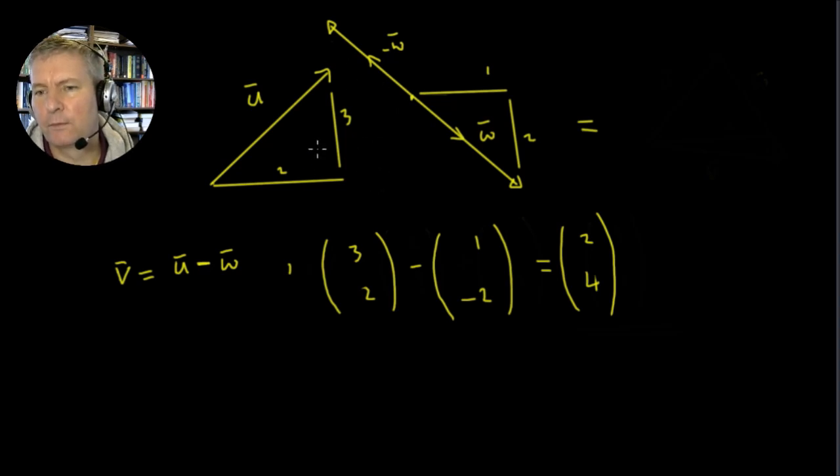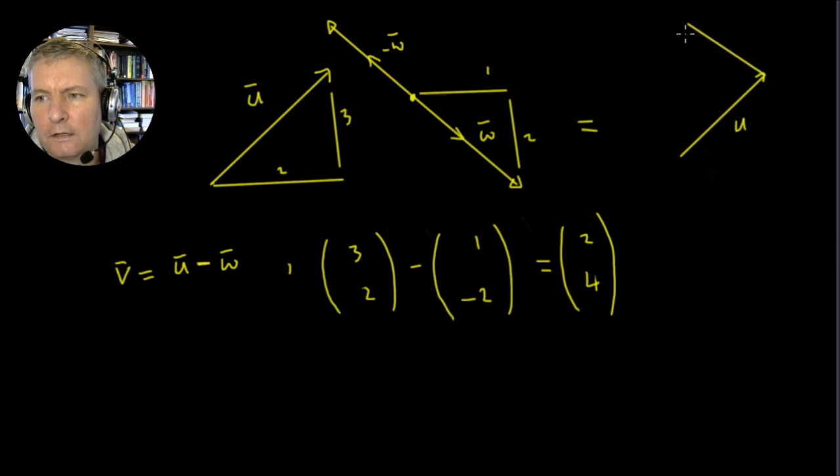So whenever we add these two vectors u and minus w nose to tail, we're going to get a vector that comes up in this direction here, which is our vector u, and we have our minus w added nose to tail at this point here. Whenever we add those on, the resultant vector is a vector that goes in this direction here.